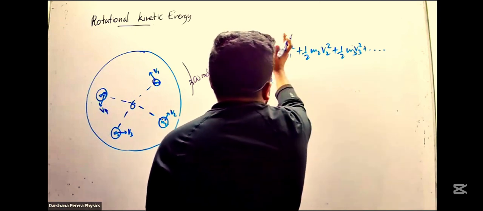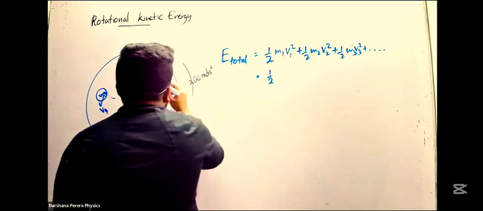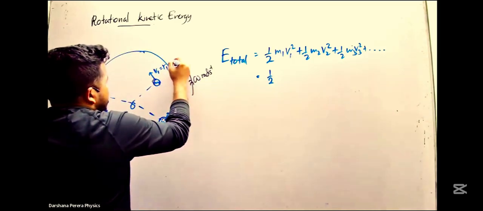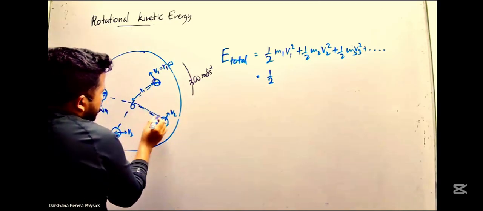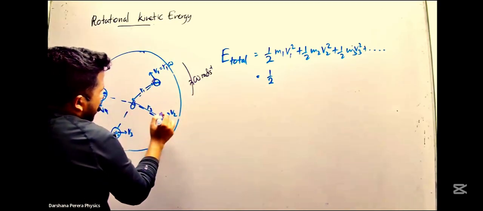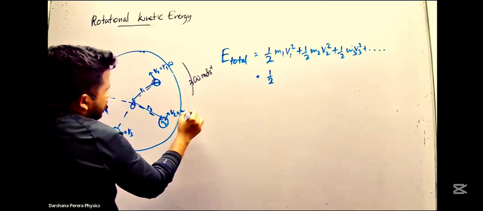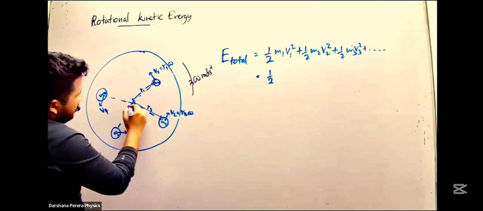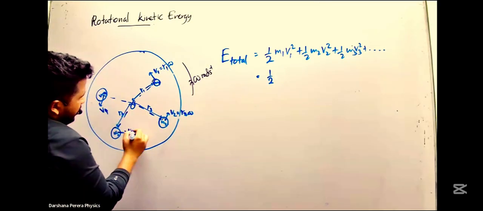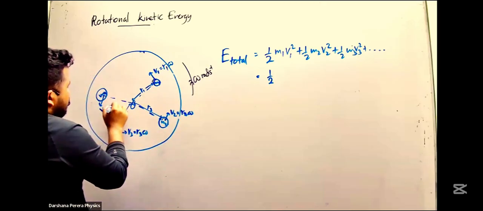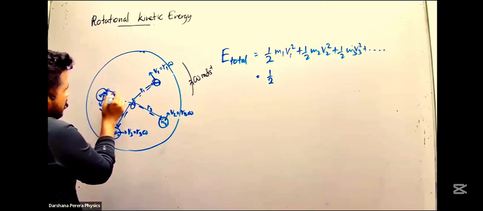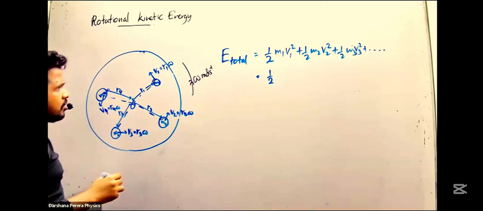We can simply say v1 equals R1 omega, v2 equals R2 omega, v3 equals R3 omega, v4 equals R4 omega. Right?